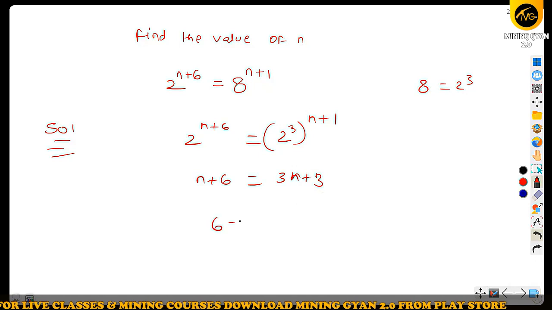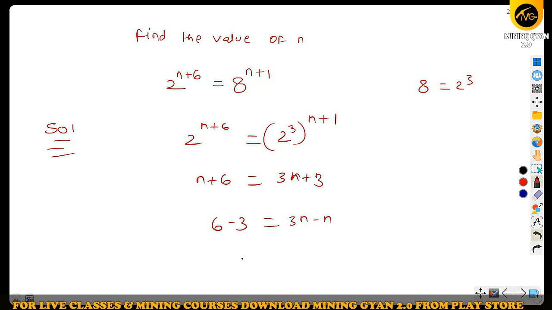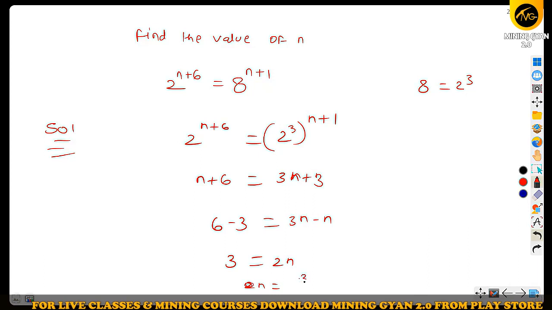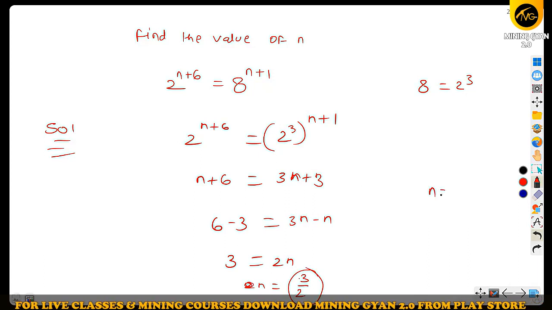That means 6 minus 3 and 3n minus n. That means 3 is equal to 2n. Now n is equal to 3 divided by 2. So the value of n is 3 divided by 2.